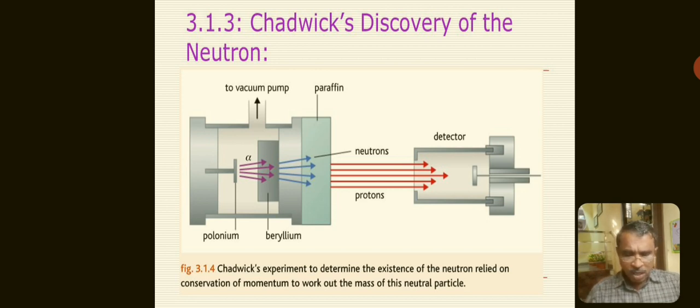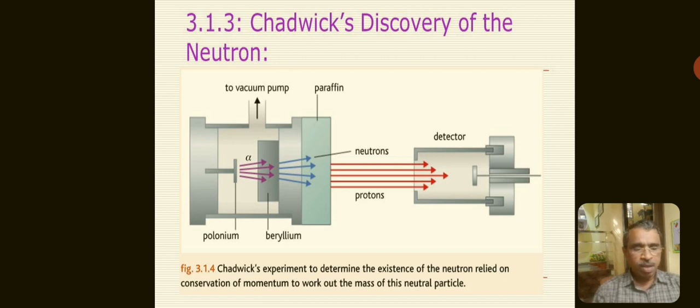According to him, until 1920, the atom was supposed to consist of only two fundamental particles, electrons and protons. In 1920, Rutherford found that except for the hydrogen atom, the atomic masses of no other atom could be explained by protons and electrons only.